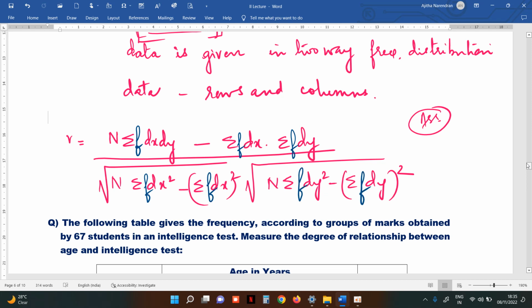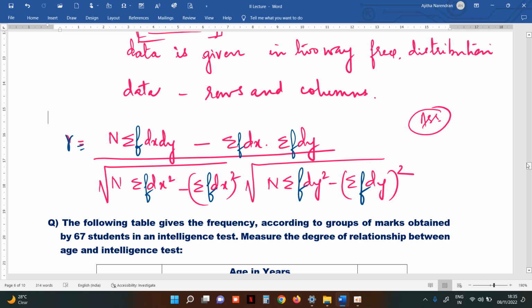Now you have got the formula for grouped data to compute correlation under Karl Pearson's coefficient of correlation. The only thing is you are using the formula of assumed mean by inserting frequency, since here you will have frequency also, and it is given in rows and columns.